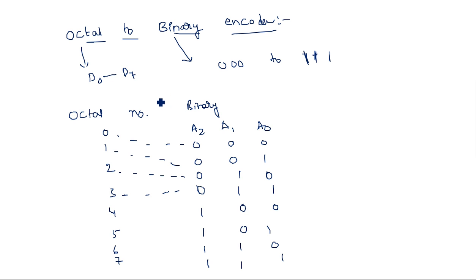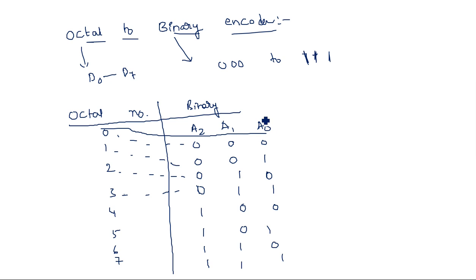So the octal numbers here are 0 to 7, that is 8, and we have a conversion in terms of binary data. How do we get the expressions and the logic circuit diagram for this type of circuit?